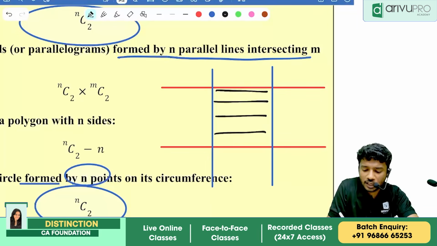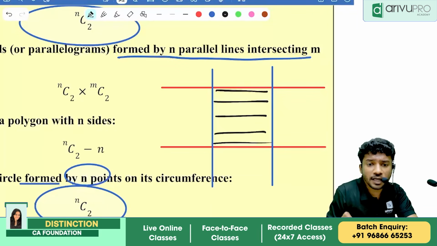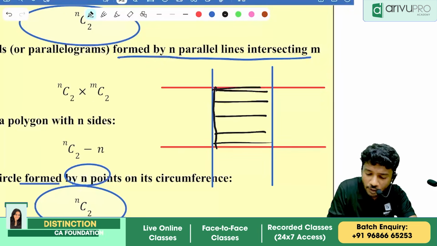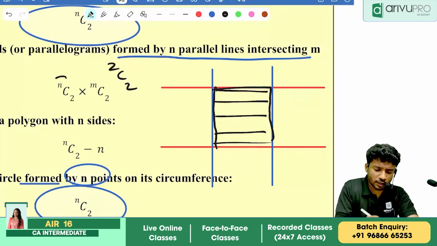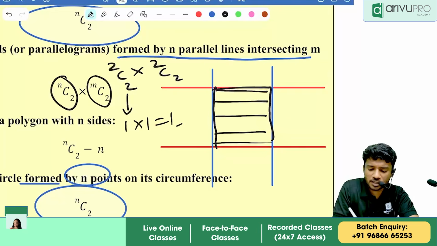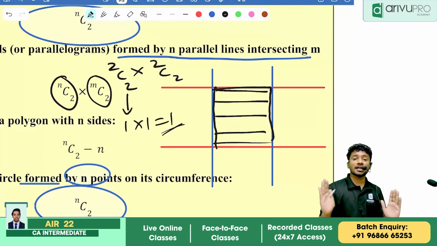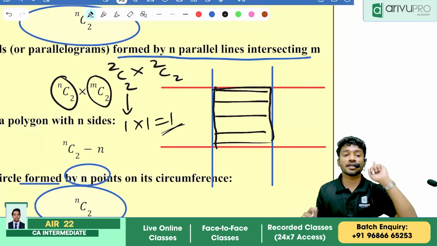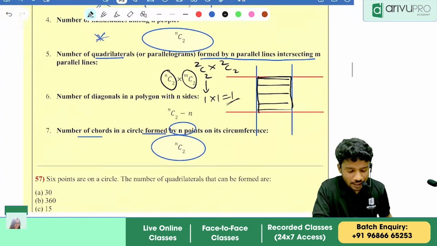Only one quadrilateral is formed, right? A 4-sided polygon is called a quadrilateral. We check: 2C2 into 2C2, and 1 into 1 is 1. So that is the logic. For M parallel lines intersecting N parallel lines, the formula is NC2 into MC2. You will get the answer.